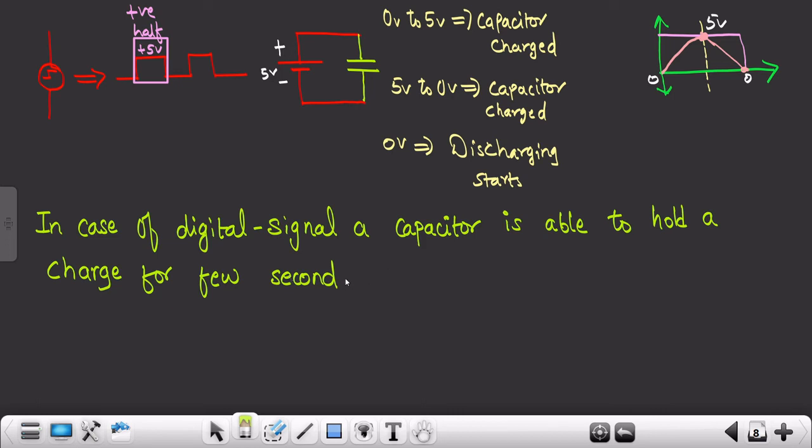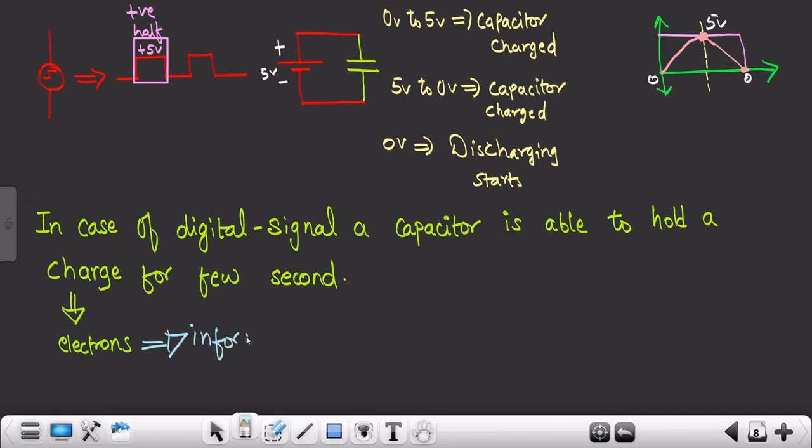This charge is nothing but your electrons. Obviously we all know that electrons are nothing but your information.